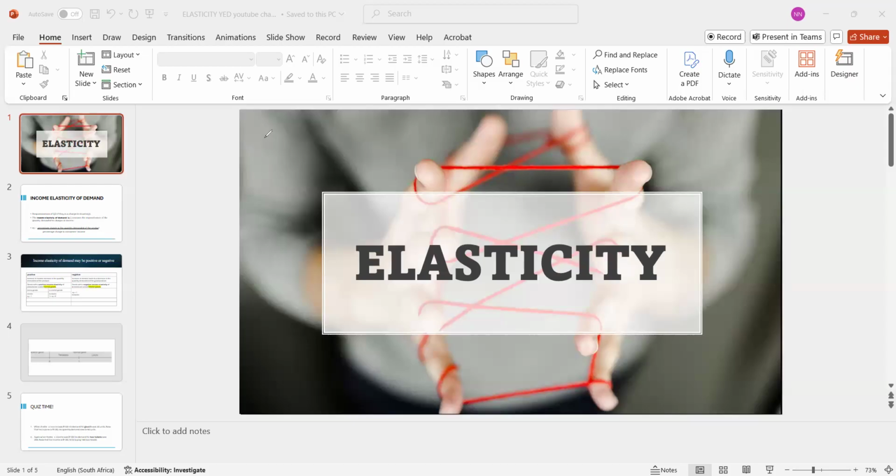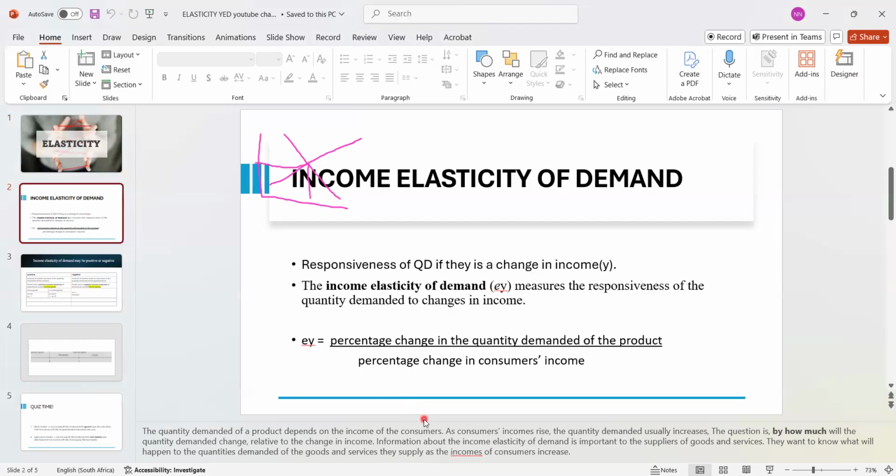Understand? Just to show it in a graph, I hope this is clear.